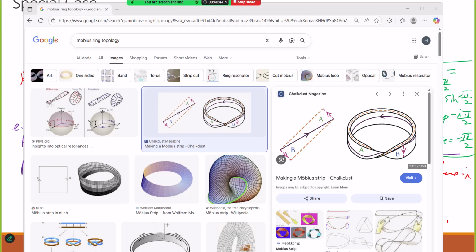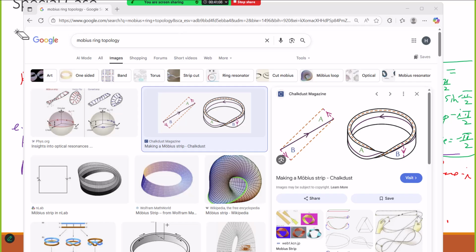So you will see that if I go from this point, A, it will go inside, you cannot see it, and then it will go to the other side, B, and then go back to A. So basically, you need to go through 720 degrees in order to go back to the original point.